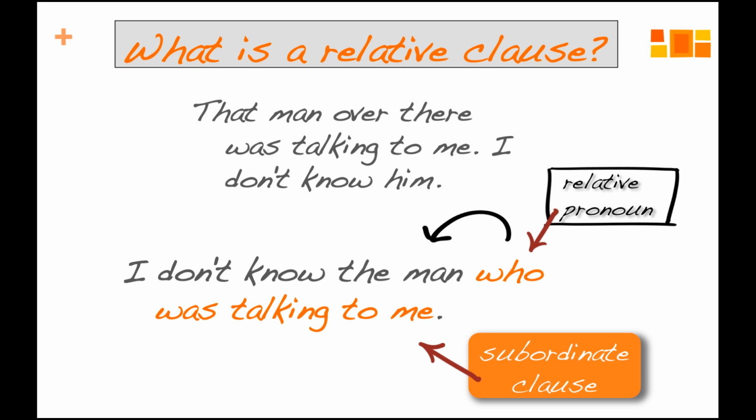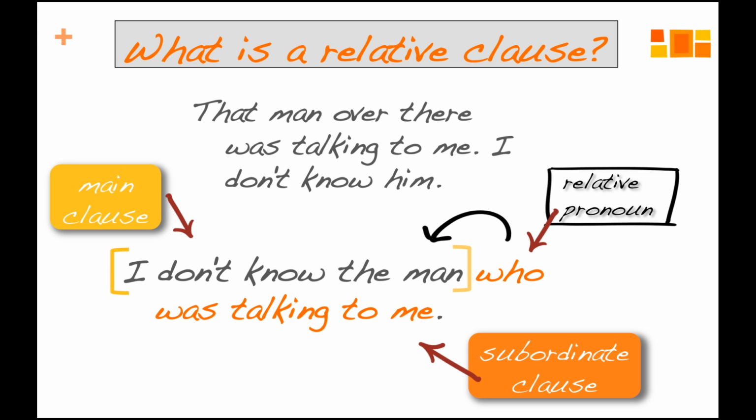And you want to remember that relative clauses are subordinate clauses. A subordinate clause cannot stand alone. If you have a look at that sentence here, the whole sentence, and you take away the main clause, and the main clause is I don't know the man, then who was talking to me is left over. And in a positive statement, it's grammatically not correct. It doesn't make any sense.